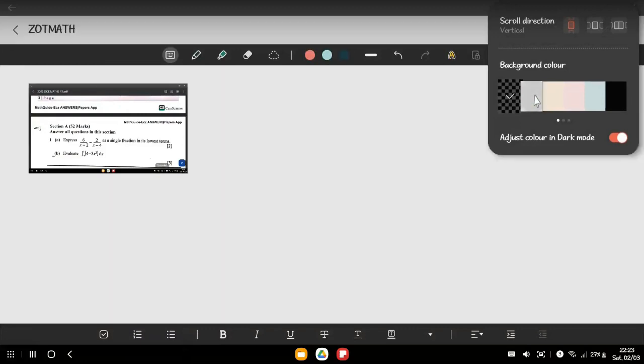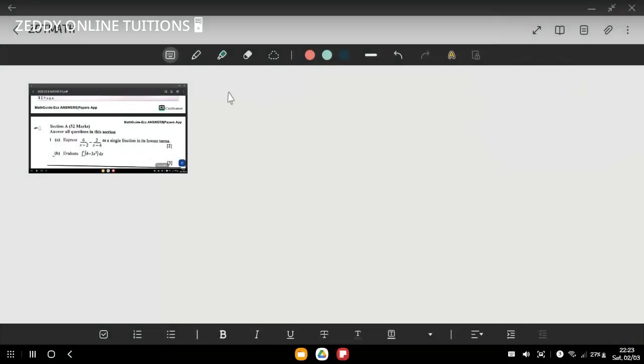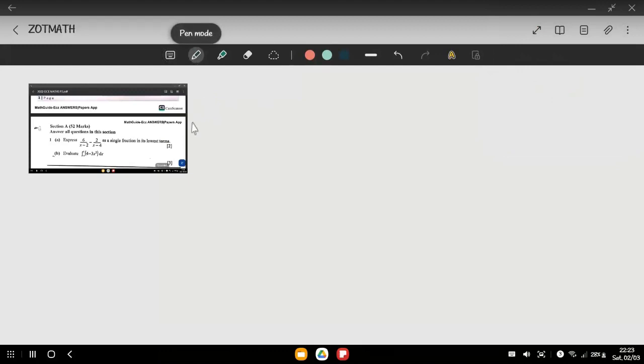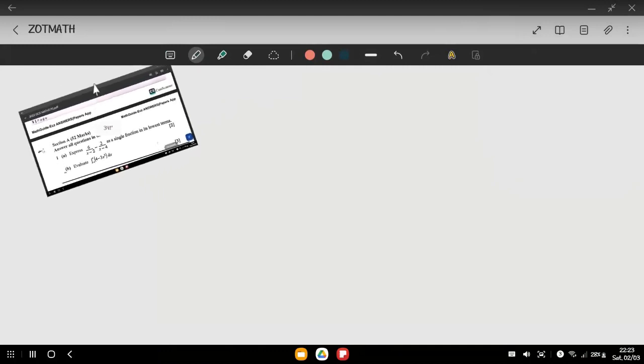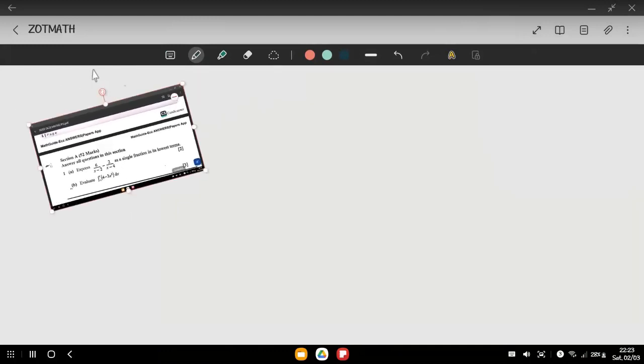I don't know what color is okay for your eyes. Is this okay? Black is okay. Yes. Okay, use white and then use black for writing, for typing. Oh, okay. All right.